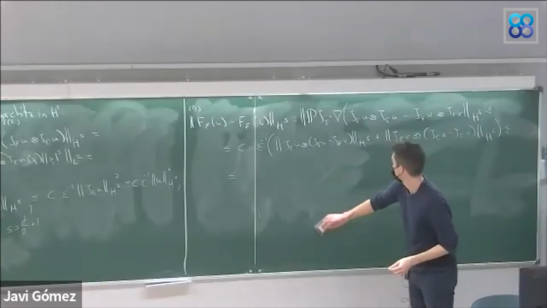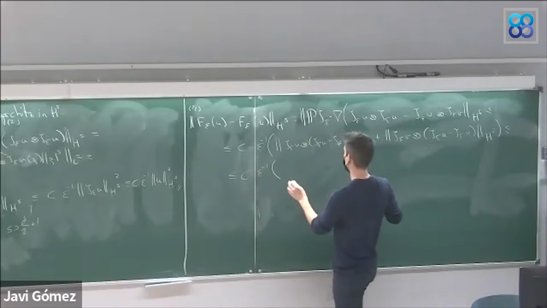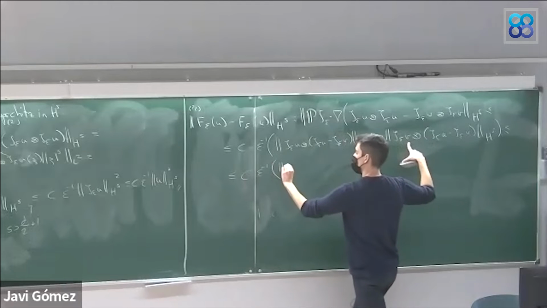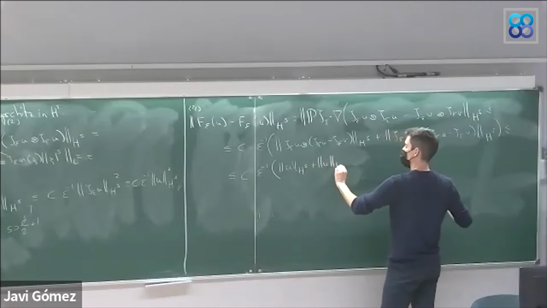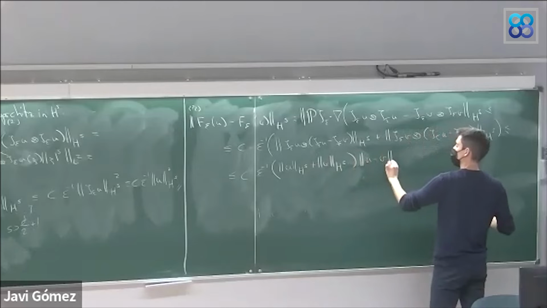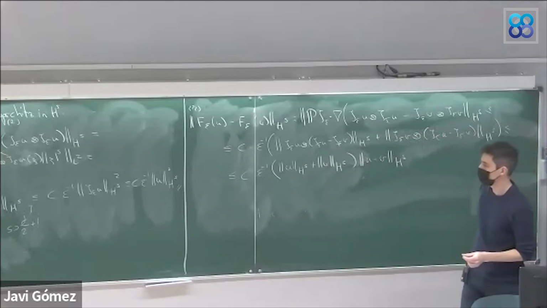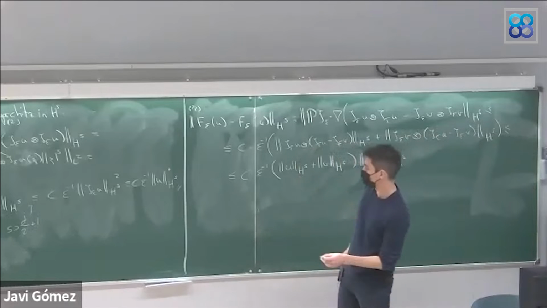And by the same reason as before, we obtain the bound C epsilon minus 1, in the first case U, in the second V, times the difference. So we have obtained that it's Lipschitz in this space. And finally, with these bounds, we construct the fixed points.